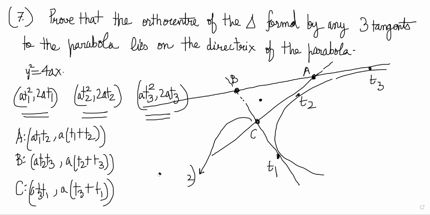So the orthocenter of this triangle is going to come by thinking of the lines which are from a particular vertex and perpendicular to the opposite side, right? So let's think about the tangent at the point T3. The equation of this tangent was what? Equation of tangent is t3y is equal to x plus at3 square, right?